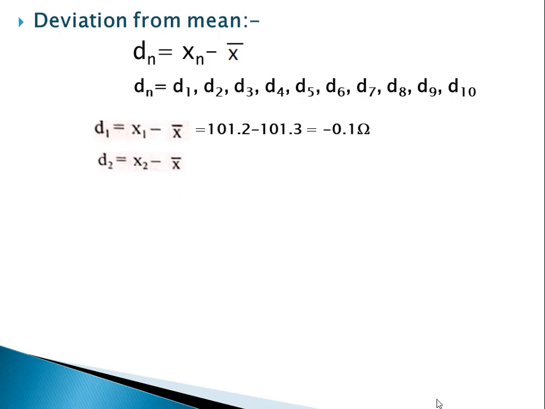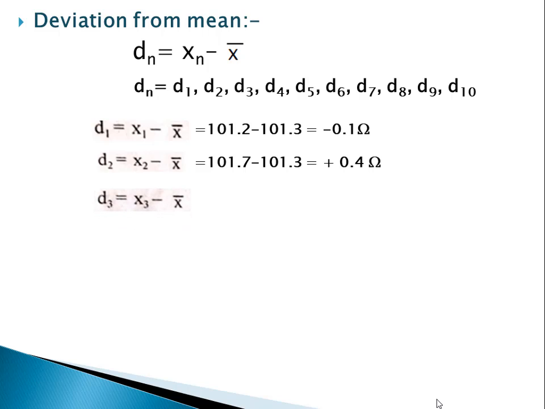Similarly, d2 is equal to x2 minus x bar. Now the value of x2 is 101.7 minus x bar, which is 101.3. After calculation, d2 becomes plus 0.4 ohm.